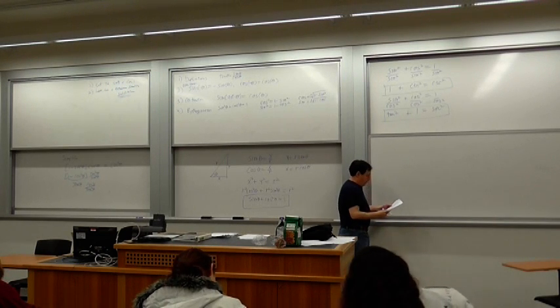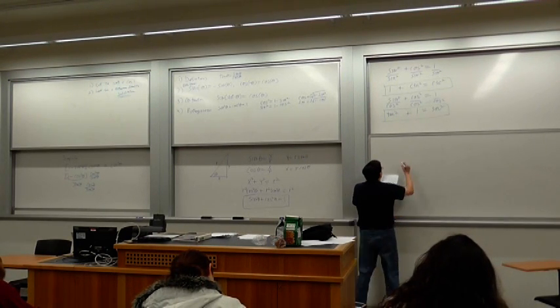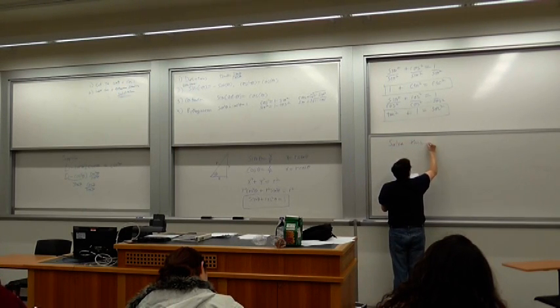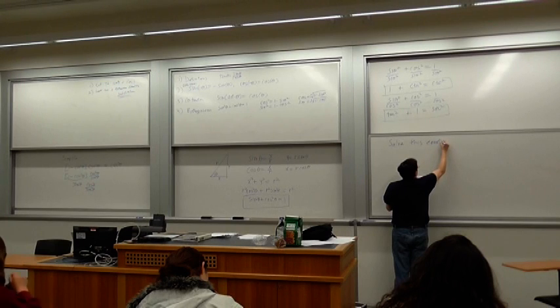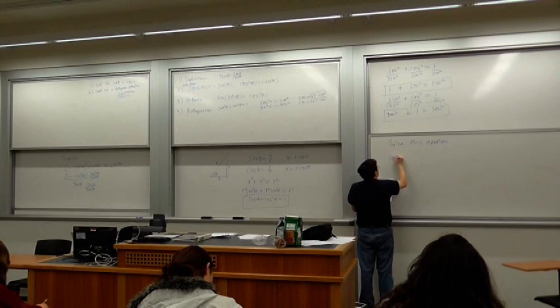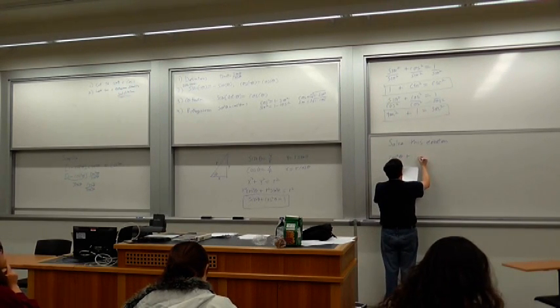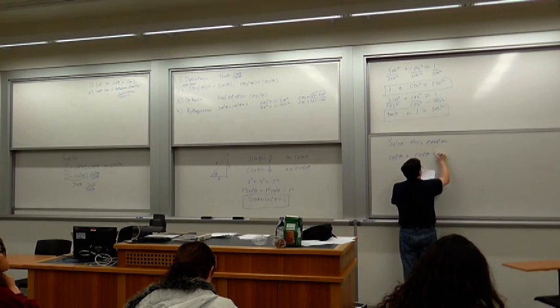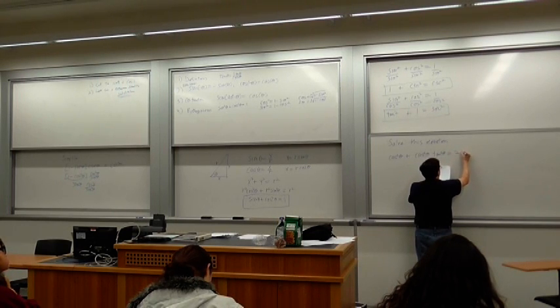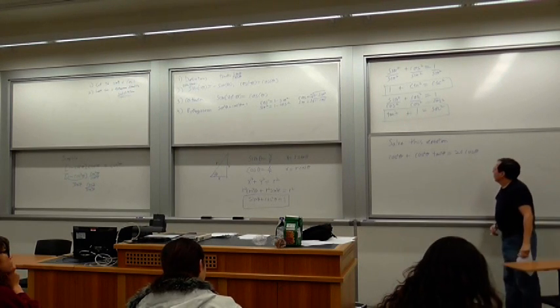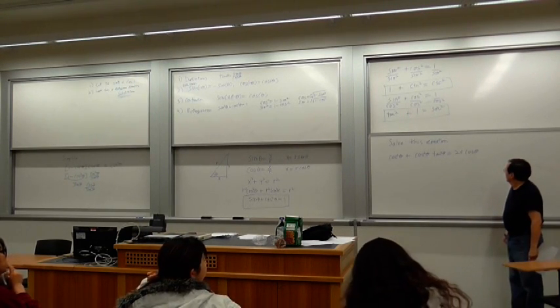All right. Okay, this problem says, solve this equation: cosine squared theta plus cosine squared theta tangent squared theta equals 2.6 cosine theta. Wow, that looks pretty intimidating, doesn't it?